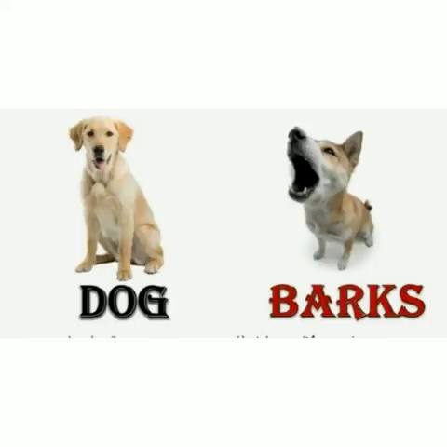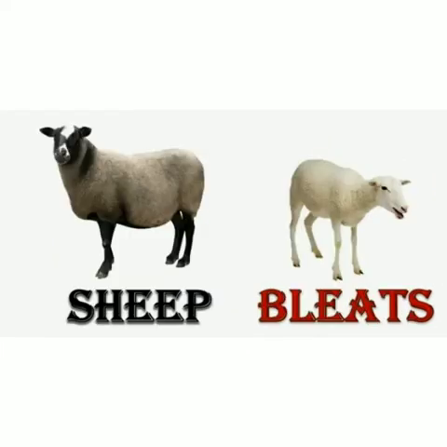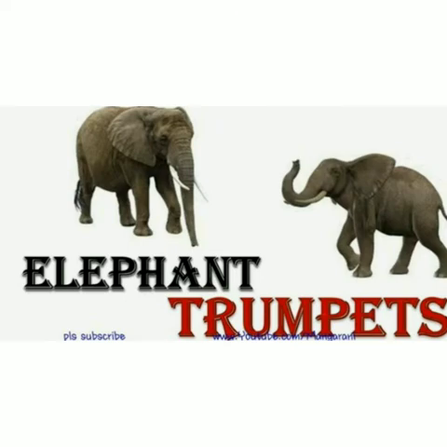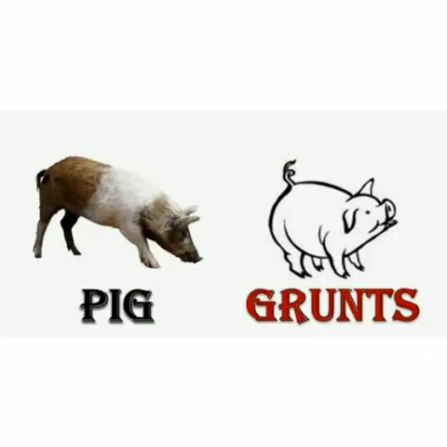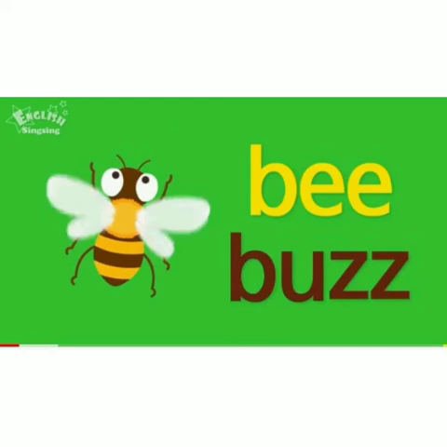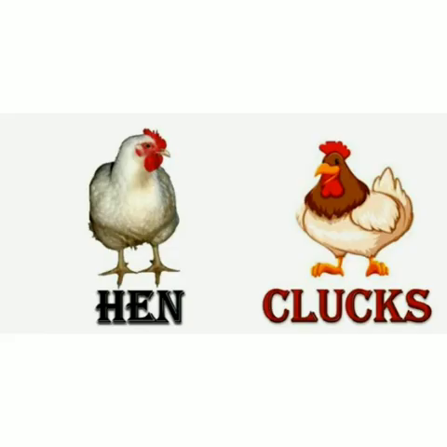You all know the dog barks, cow moos, sheep bleats, donkey brays, elephant trumpets, pig grunts, duck quacks, bee buzzes, rooster crows cock-a-doodle-doo. You have learnt rhymes, is it not?